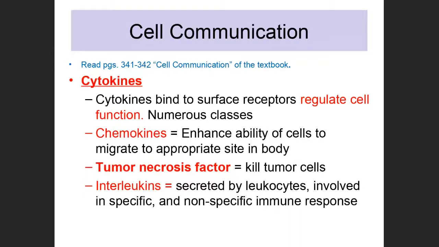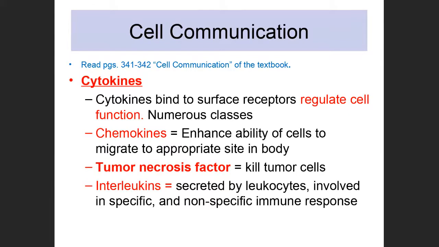And during the non-specific immune response, there is a chemical communication among cells in order to regulate their function. There are chemokines that attract immune system cells to an area of infection. Tumor necrosis factors are substances that kill tumor cells.